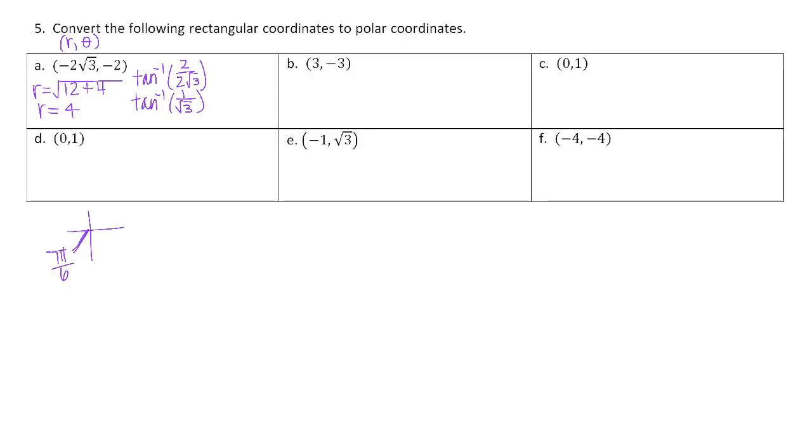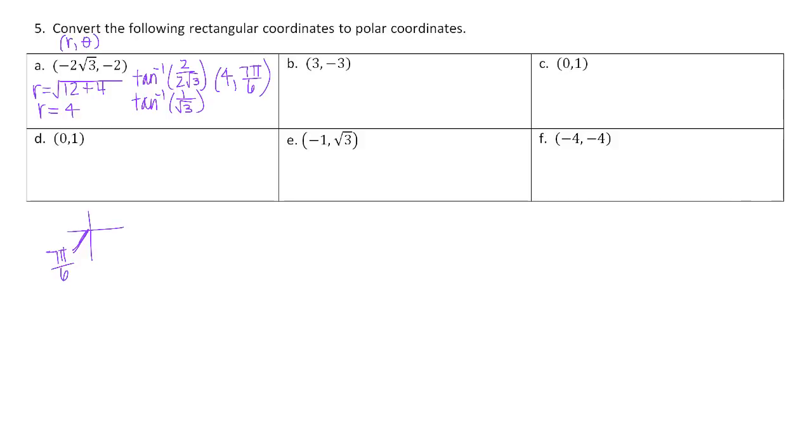So if you go around there, 7 pi over 6 should be our angle. So if we know what our angle is and we know what our radius is, then we're ready to write our answer. So the radius that we found was 4, and our angle we found to be 7 pi over 6.